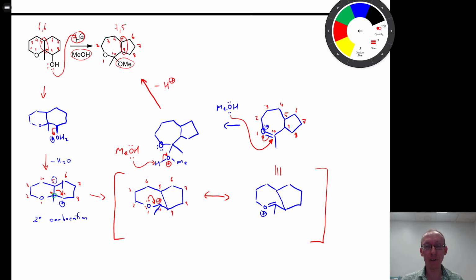Okay, so there are a few components to that mechanism. We need to spot that a carbocation is likely to be involved. There's a rearrangement that changes the ring size. The rearrangement happens by migration of a particular CC bond, and that'll give us the new 7-5 ring system.